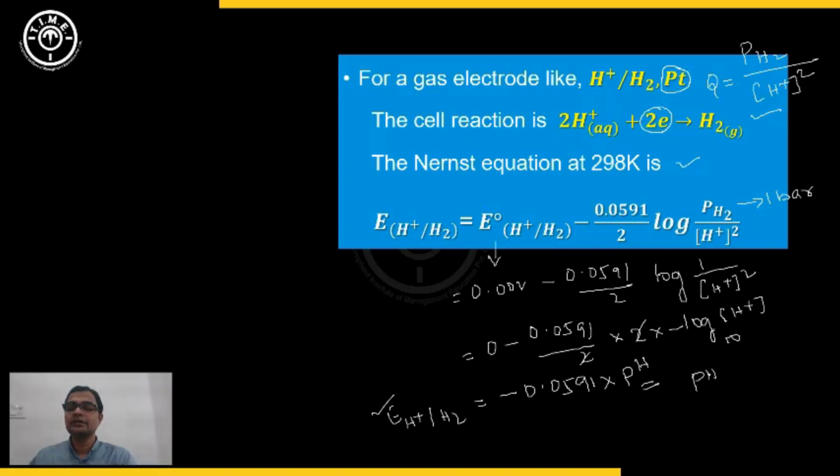Where pH, if you know, you can calculate H plus ion concentration by taking this formula. pH is equal to negative logarithm of H plus ion molar concentration. If you want to know H plus ion concentration, that is equal to 10 raised to the power of minus pH. Substitute the pH value here and you will get H plus ion concentration in molar. Okay. Next.